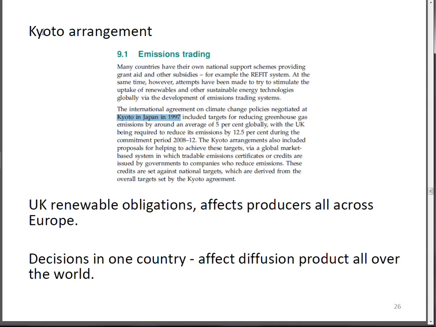Because we're now sitting together, this was in Kyoto, but the European Union is really good at sitting together and setting up policies. We now in France have to think twice about what we produce if we're going to sell it in Denmark. A decision in one country affects the diffusion of products all over the world.